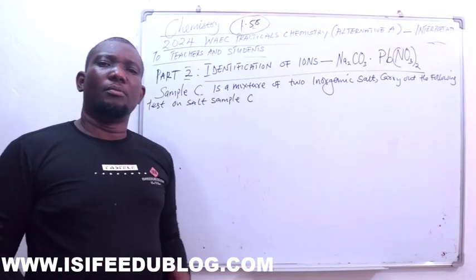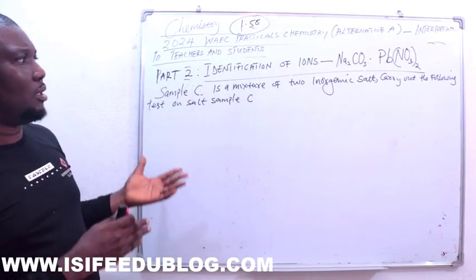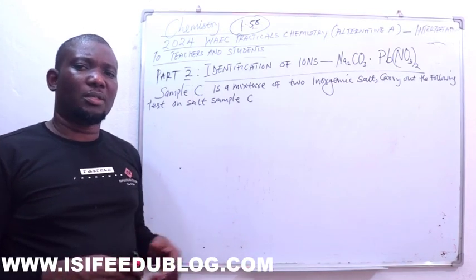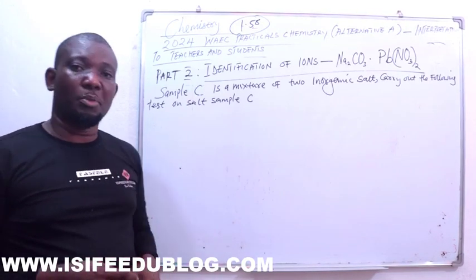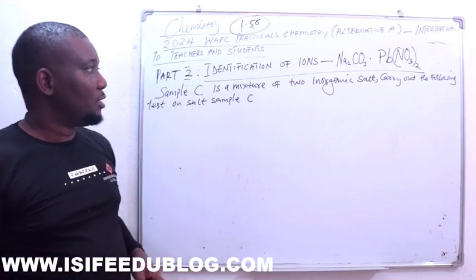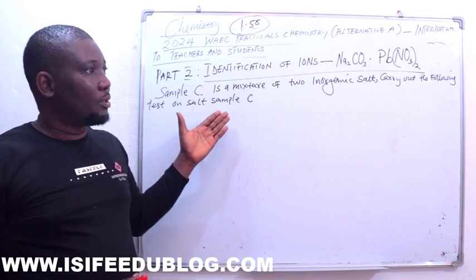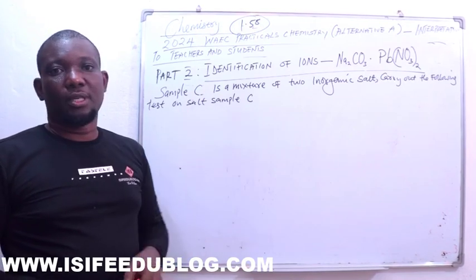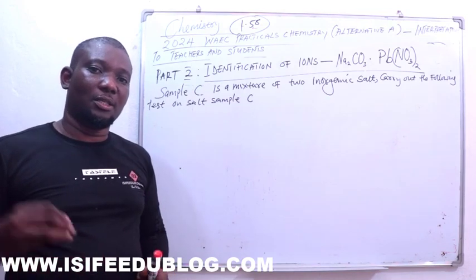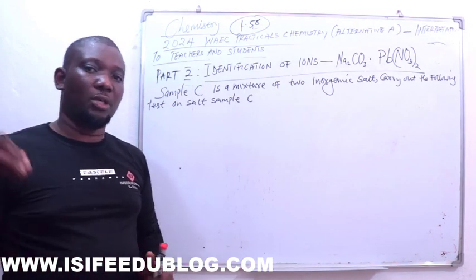In this aspect of the experiment, extra care should be taken because credit is awarded for every instruction given to the candidates, provided those instructions are obeyed to the letter.